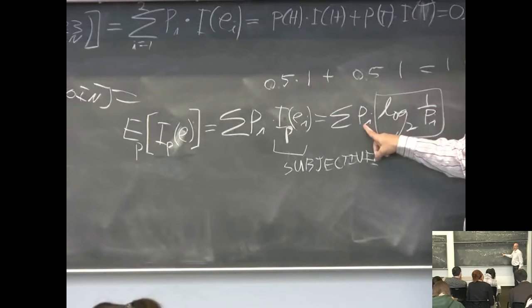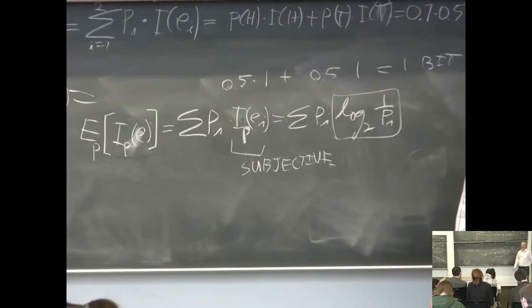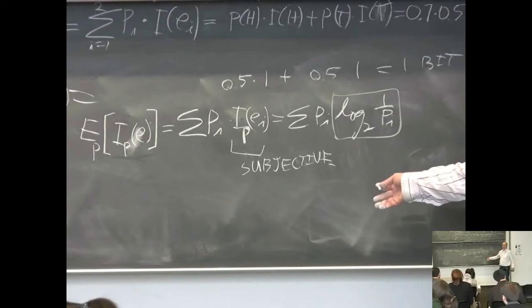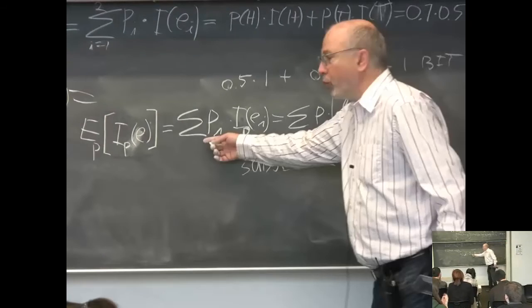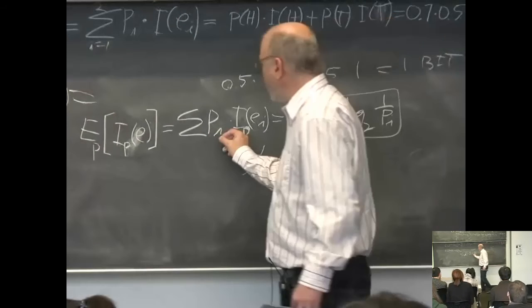This P has to do with how often these things actually happen in the world. If I want the true expectation of my surprise, I have to use the true P, if I have it. If I don't have it, I have to estimate it somehow. But this is objective.